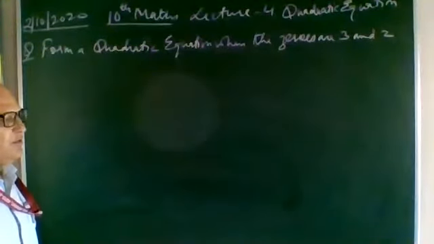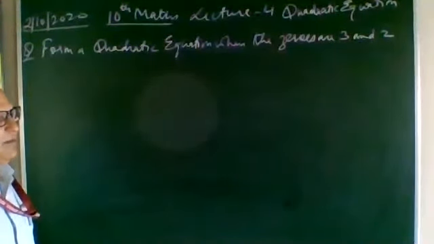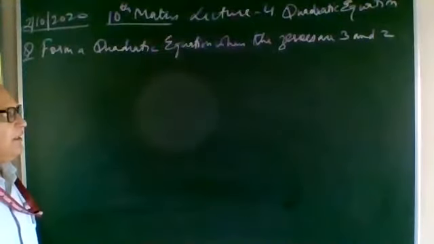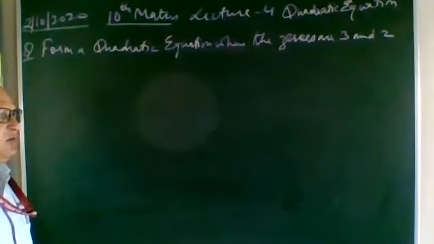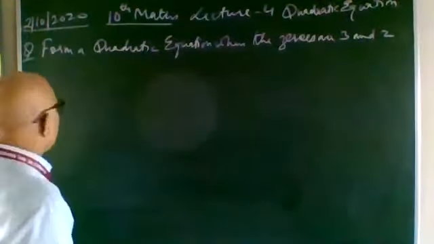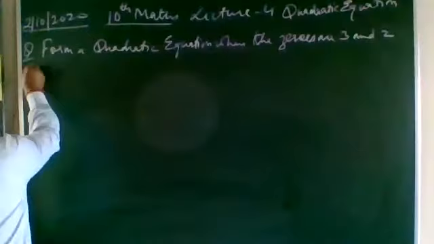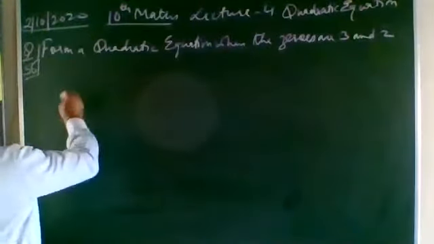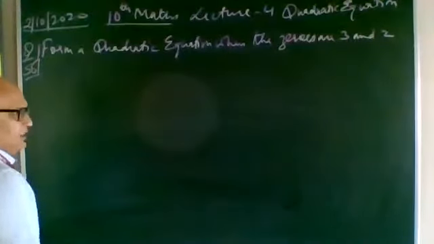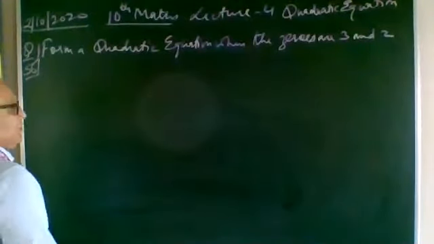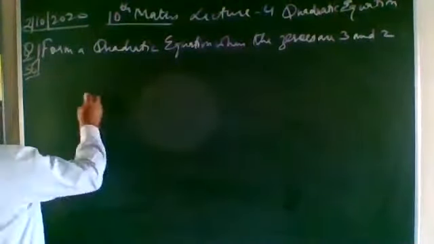That formula you can use, or the standard form ax square plus bx plus c. But when you have to form the quadratic equation, you can use only the direct formula. So how will you solve it? Form a quadratic equation, construct a quadratic equation, all mean the same. Zeros are 3 and 2.